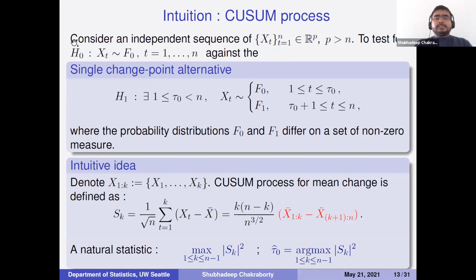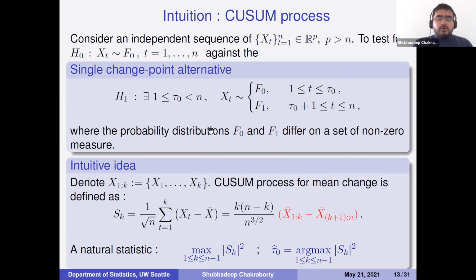The null hypothesis is that all the observations follow the same distribution, against the single change point alternative, which states that there exists a time point tau naught such that the observations up to that time point follow some distribution F0, and the observations from tau naught plus 1 onwards follow another distribution F1, where F0 and F1 are two probability distributions differing on a set of non-zero measure. So the question is how to estimate the location of this tau naught.